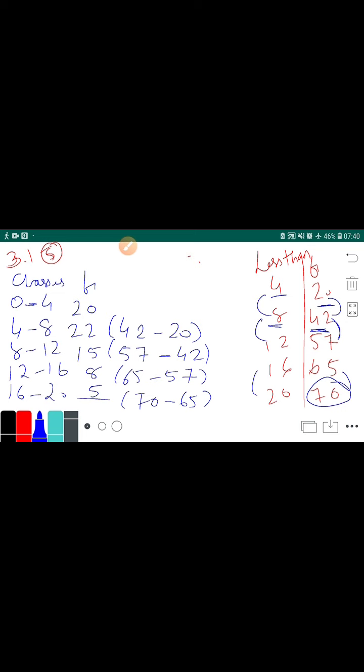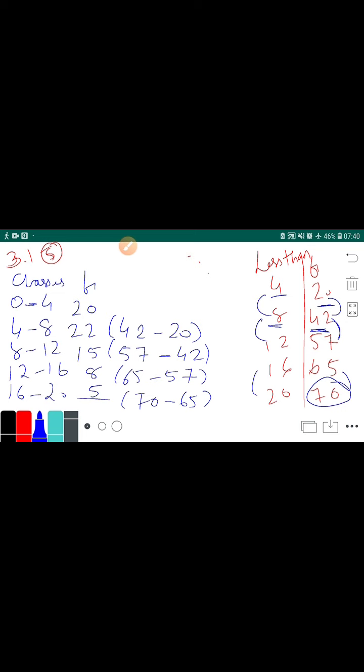Let's do the total again. 20 plus 22, 42, 42 plus 15 is 57, 57 plus 8, 65, 65 plus 5, 70. So the total is okay. Now these are the frequencies. You know how we have made it. Remember what we have done.